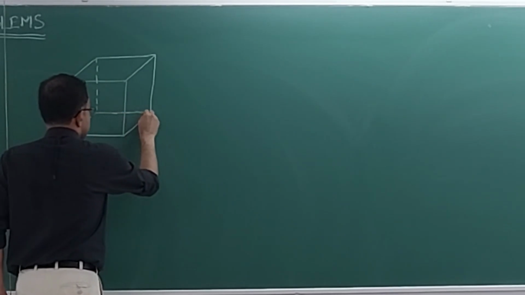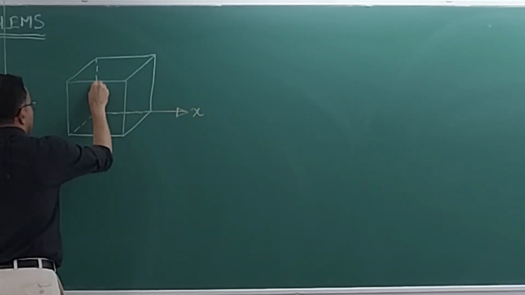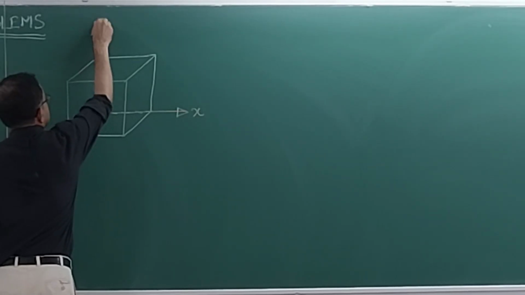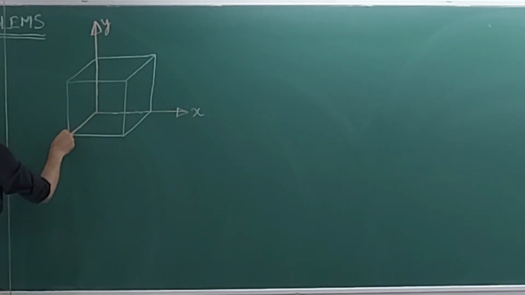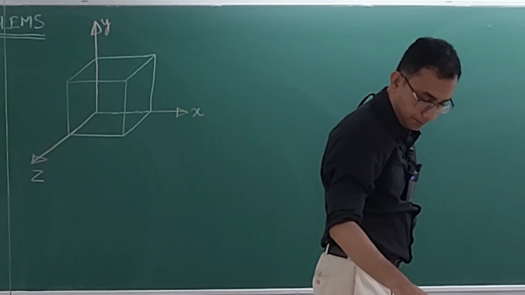So first I will set up my coordinate system. My x is like this. This is my x. This is my y. This is my z. Origin is here. Now one by one I will draw the stress components.